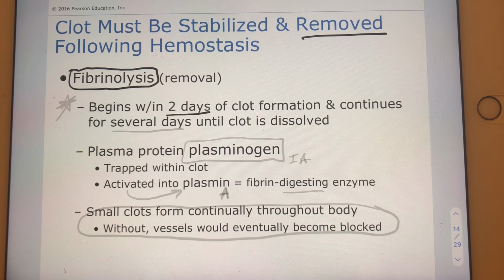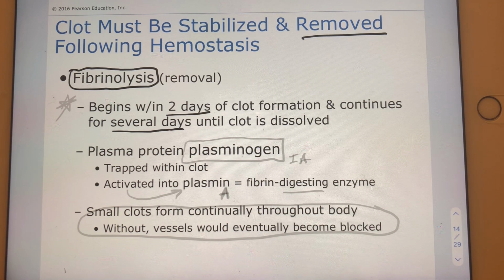So not within 2 days of this, but within 2 days of this, right? Within 2 days of, I just realized you can't see what this is, the termination of coagulation, okay? So this is happening in conjunction with clot retraction and vessel healing. And it typically takes several days until the clot is fully dissolved.